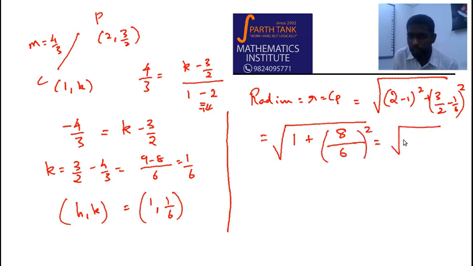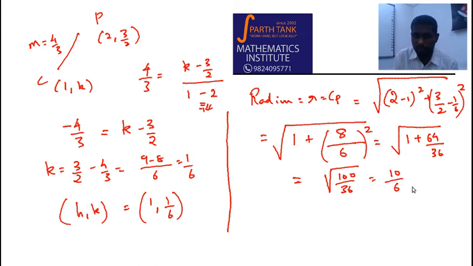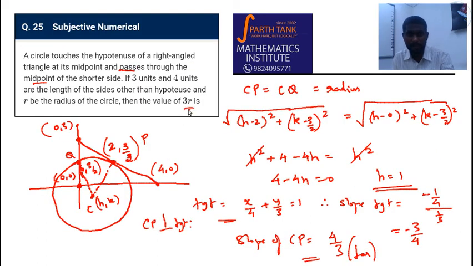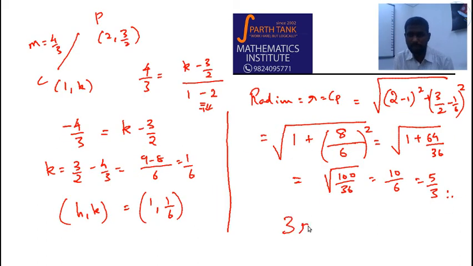That is the square root of 1 plus 64 by 36, or the square root of 100 upon 36, which is 10 upon 6, that is 5 by 3. So the radius is 5 by 3. They are asking us for 3r, so be careful there. 3r is therefore 5 by 3 into 3, which is 5 units.